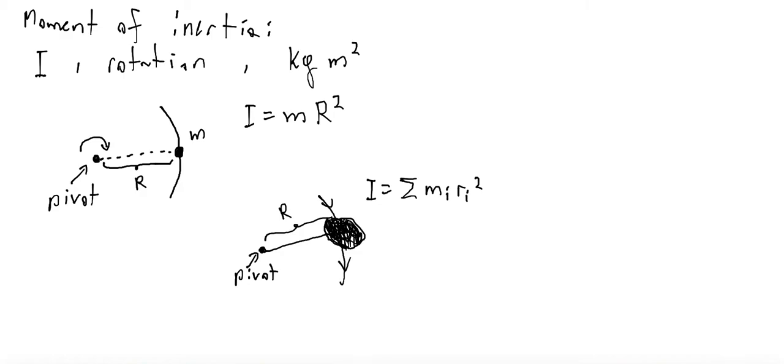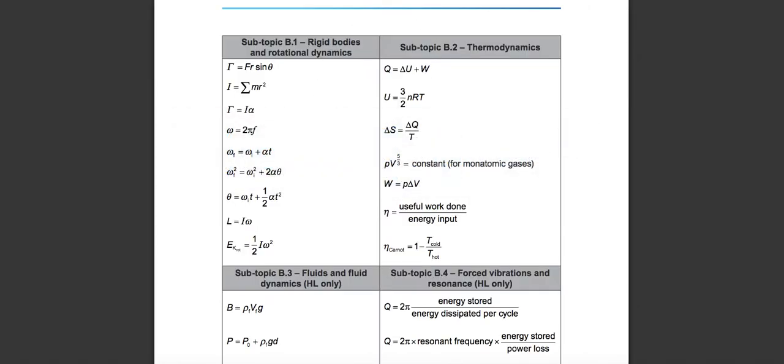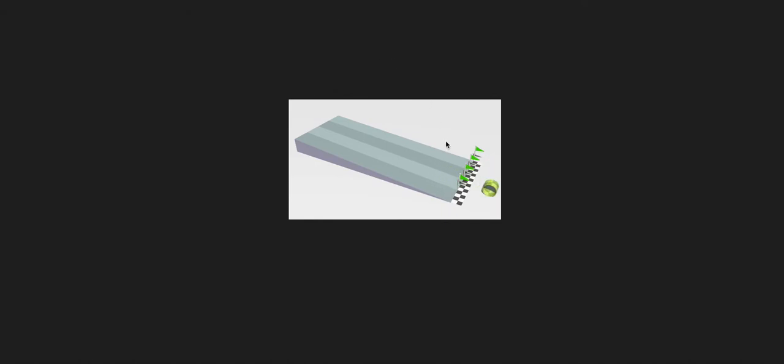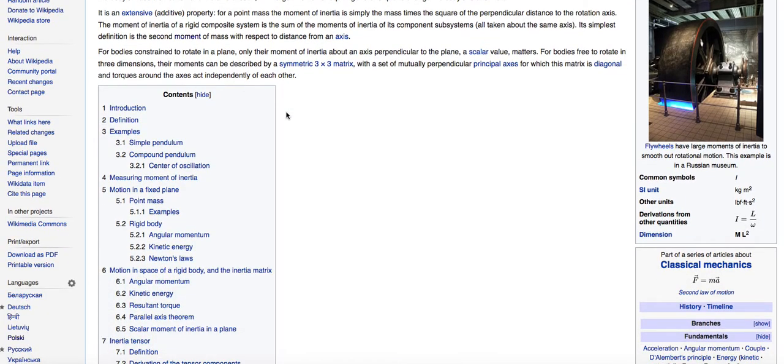Okay, so let's find this, maybe here. Oh, wait a moment, let's look on the internet. I have maybe not a good source, Wikipedia.